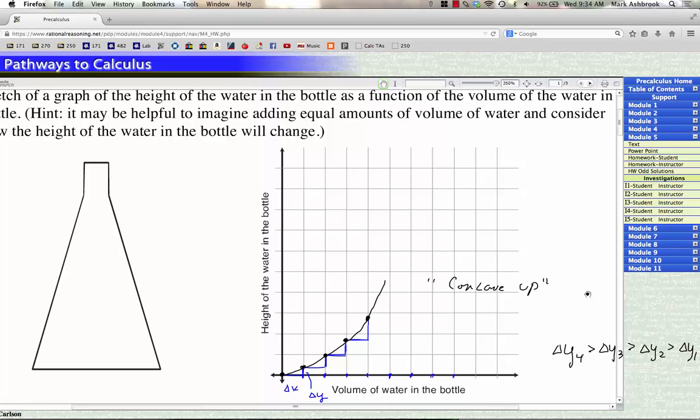If the individual changes are increasing for the same delta x, then the rate of change is increasing. So when the graph curves up, that means your changes are increasing, and so your rate of change is increasing.